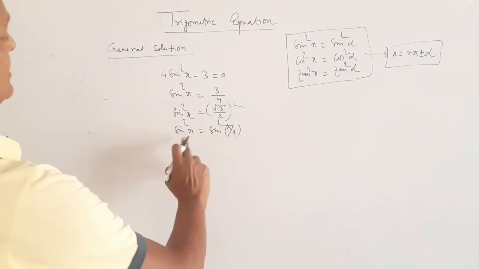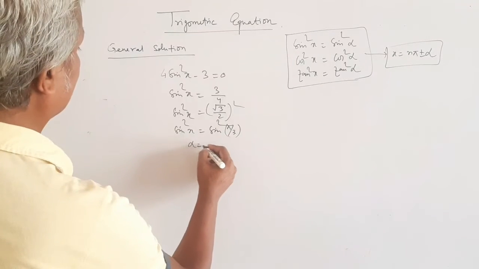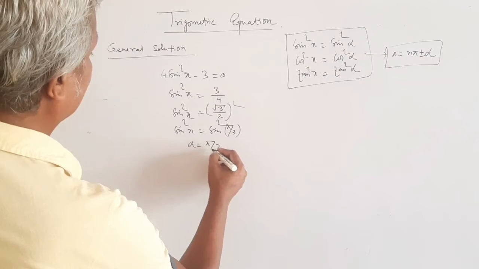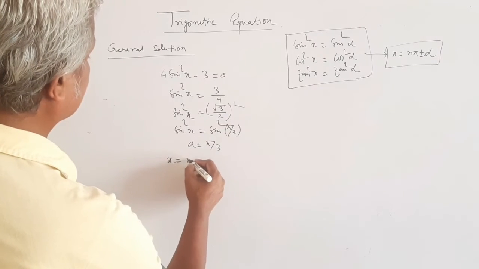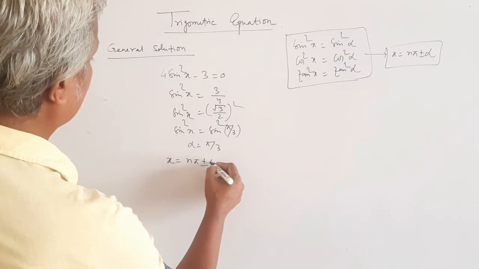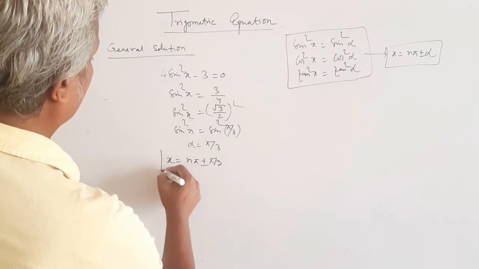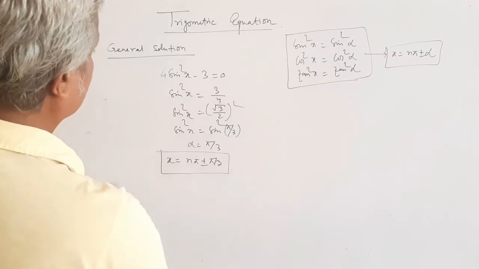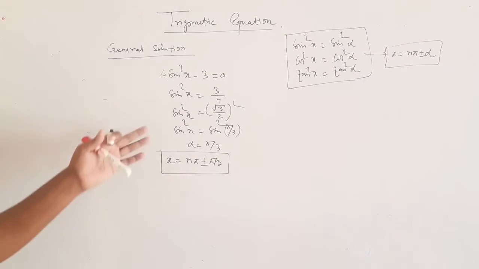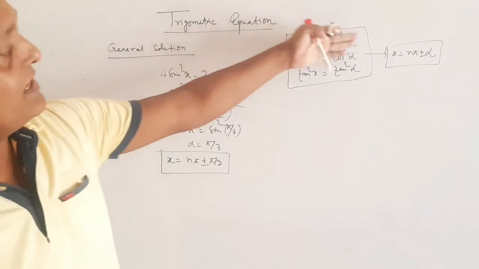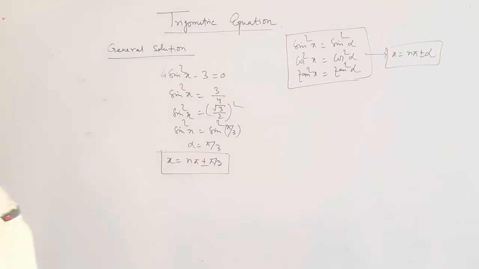So here you see alpha is directly you are getting as pi over 3. So your general solution is x is n pi plus minus pi over 3. This is the general solution for any equation of this form which can be expressed in this way. This is how it goes. Now we have one more form left, and now let me clear the mess and come to that.